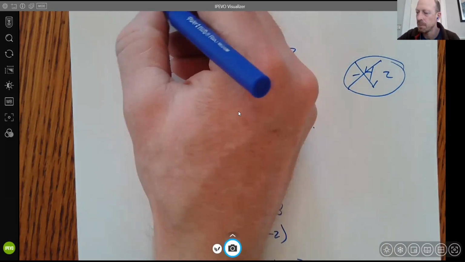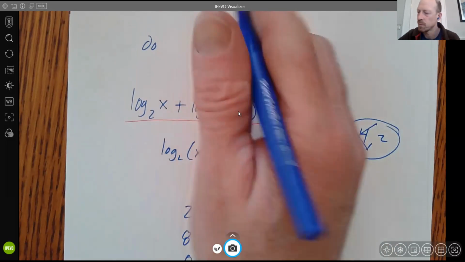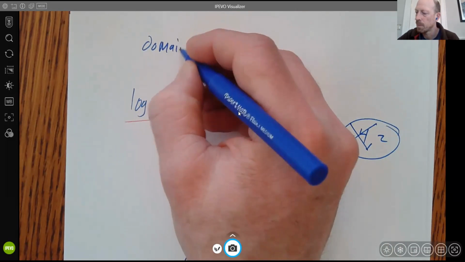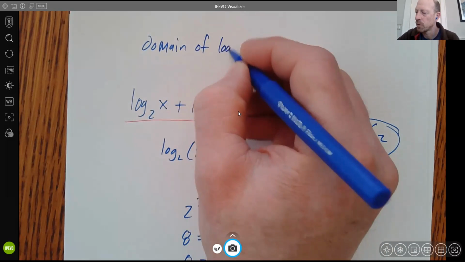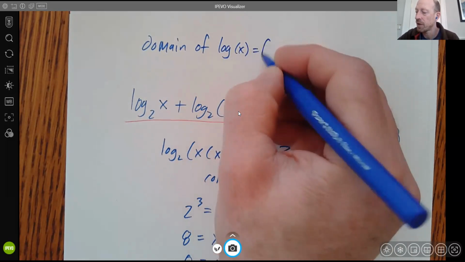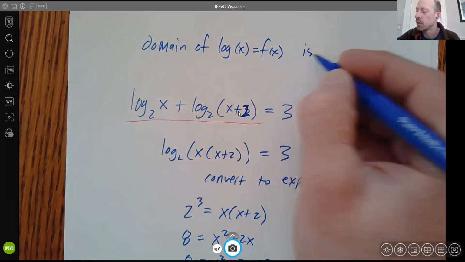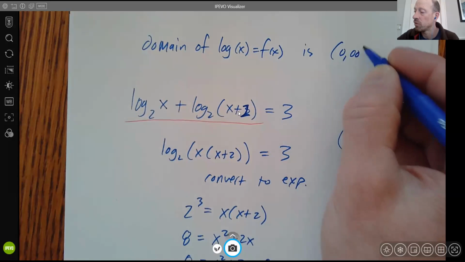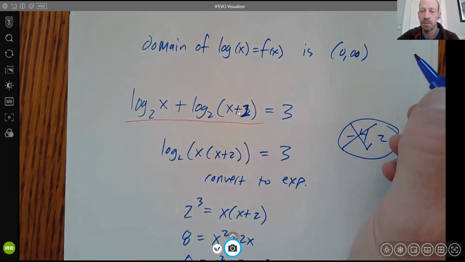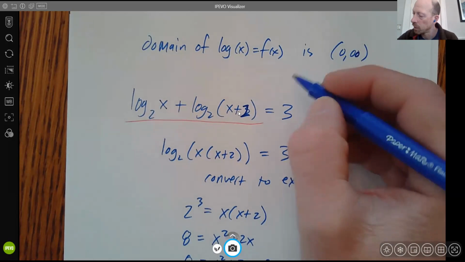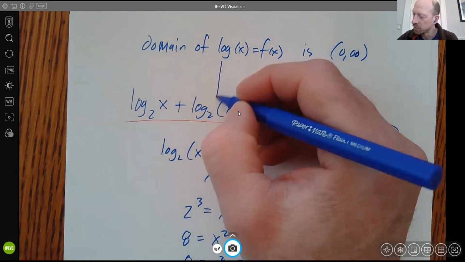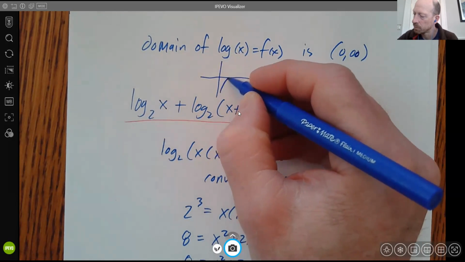So the domain of a log, f of x, is 0 to infinity. So in fact, what that function looks like is this.